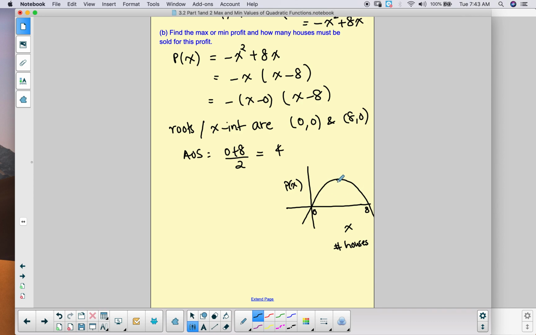So our axis of symmetry is right here at 4, at X equals 4, and we have to find the profit, right? We want to find what is this profit at X equals 4.